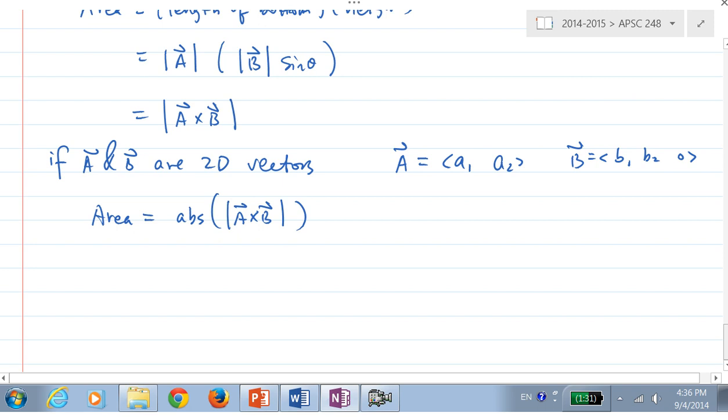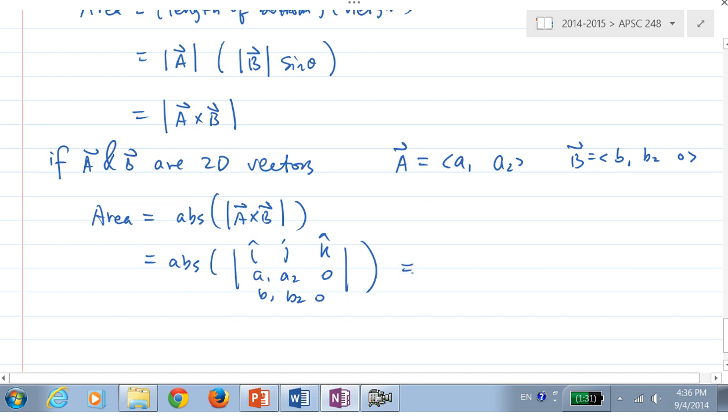A cross B, we have the formula, right? The determinant of the 3×3 matrix. So you basically plug into the formula i, j, k, and A1, A2, 0, B1, B2, 0. Nothing tricky, just plug it in and do the calculation.